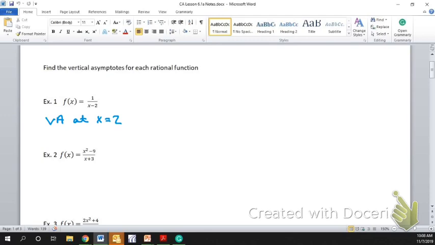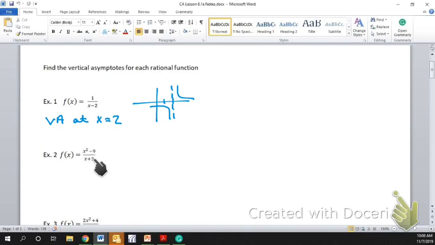That makes sense with what we already know. This is a reciprocal function that's been shifted 2 to the right. If I take the reciprocal and shift it 2 to the right, sure enough, my vertical asymptote is at 2.